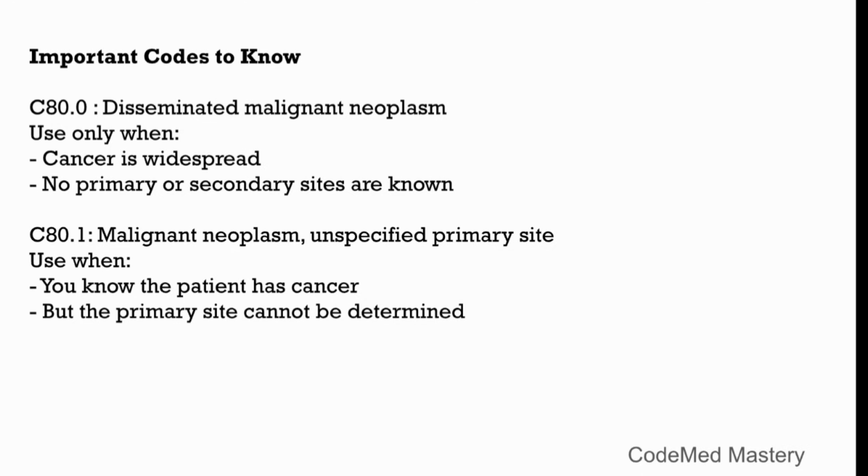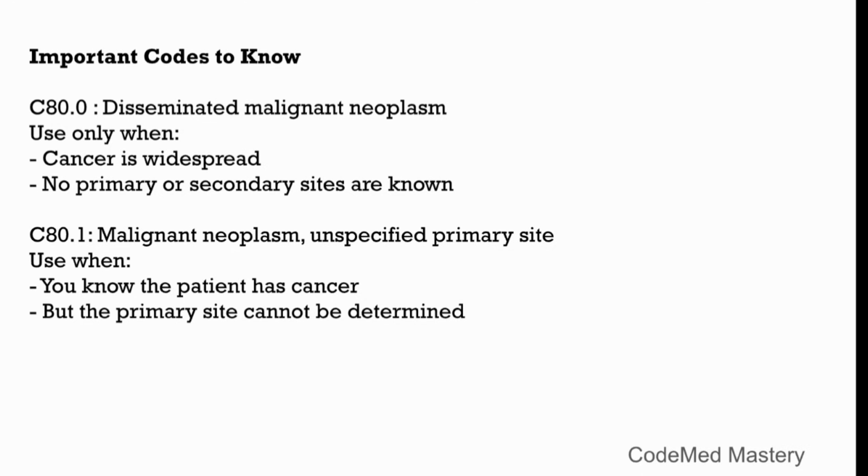Okay. For C80.0, the cancer is widespread but primary or secondary sites are not known, then we code C80.0. C80.1 is used when the primary site cannot be determined and we know the patient has cancer.